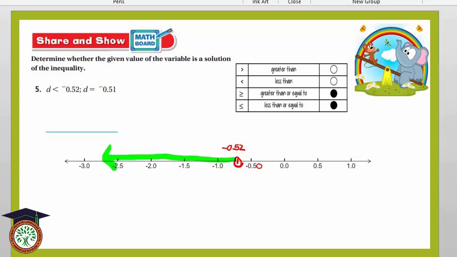He's asking us about negative 0.51. 0.51 is here. So is it a solution or not a solution? It's not a solution. Excellent. So D equals negative 0.51 is not a solution.